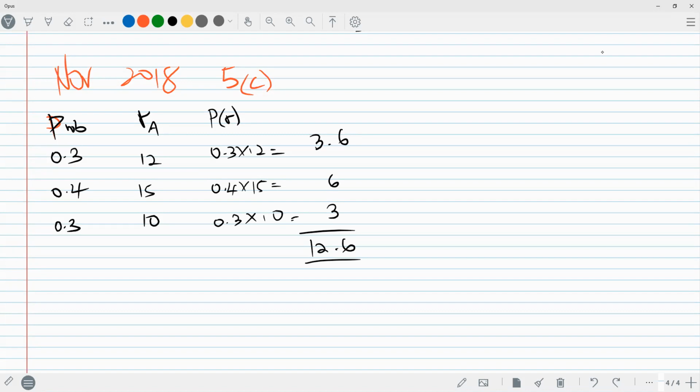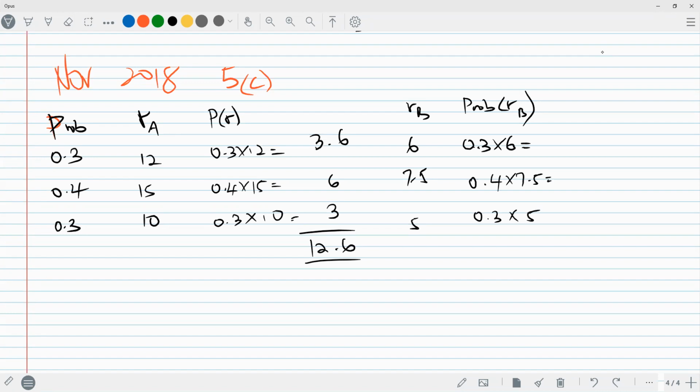The same process for B. The return for B: 6, 7.5, and 5. Therefore, probability multiplied by return for B will be equal to 0.3, that's the probability, times 6, 0.4 times 7.5, 0.3 times 5.